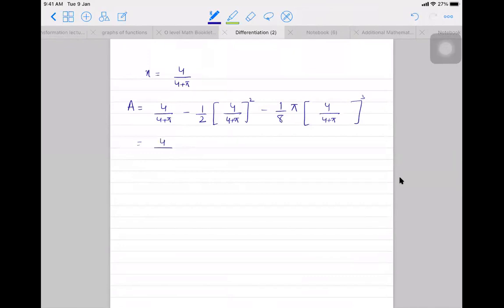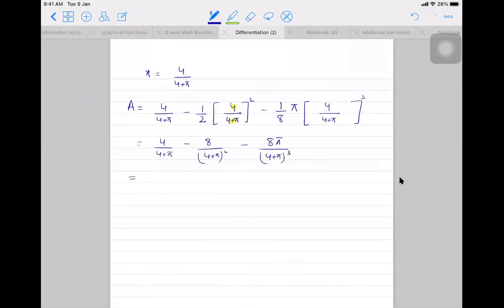So 4 upon 4 plus pi minus, the numerator is also going to be squared and the denominator is also going to be squared. 4 square is 16, 16 divided by 2 is 8, 8 over 4 plus pi, the whole thing squared. 4 cube is 64, 64 over 8 is 8. So this is going to be 8 pi upon 4 plus pi cube.